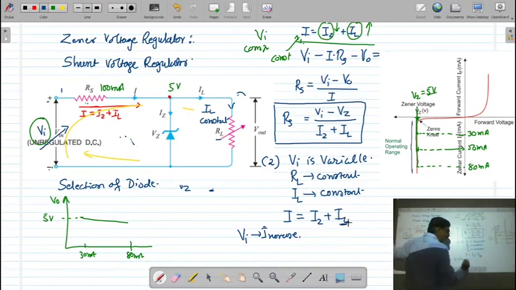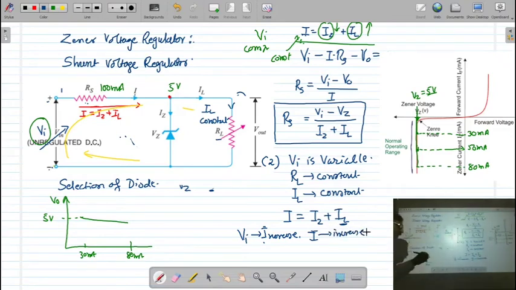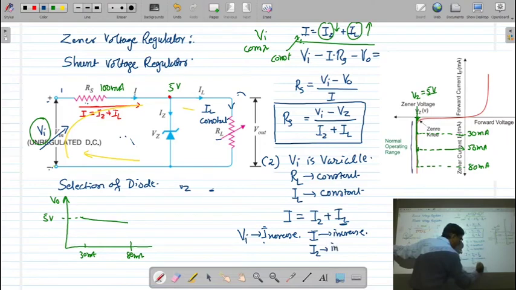IL is a constant quantity, but due to the input voltage increase, the current I also increases. And as the current I increases, the Iz will also increase.